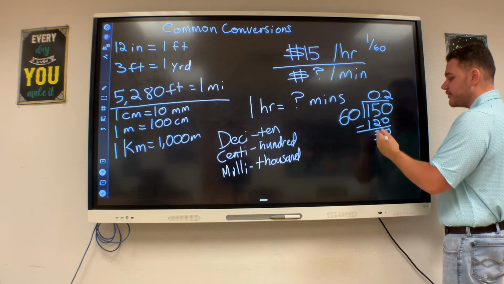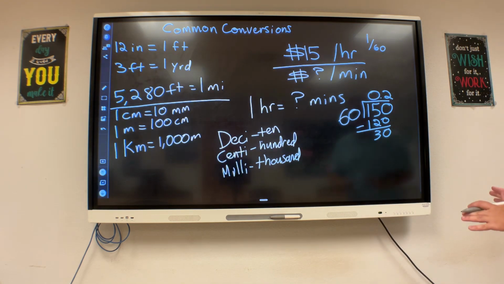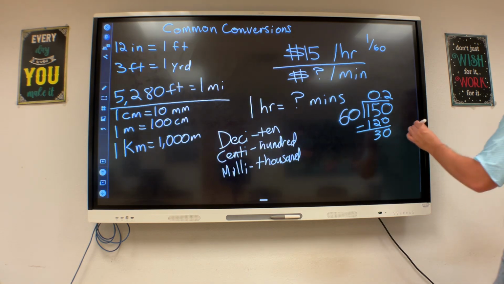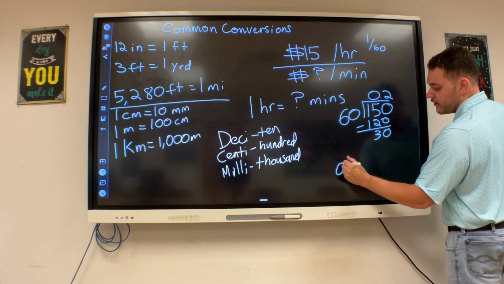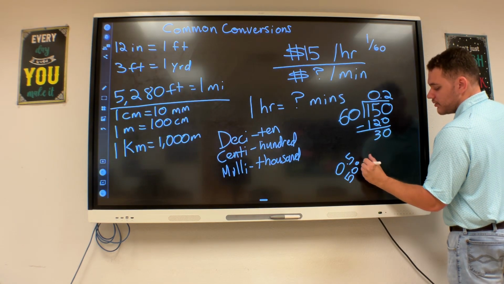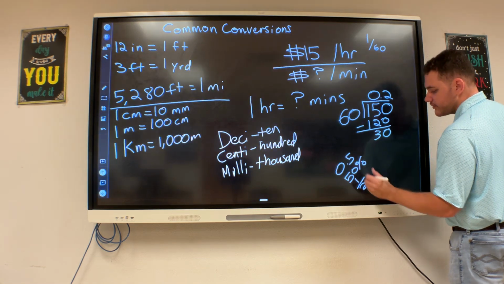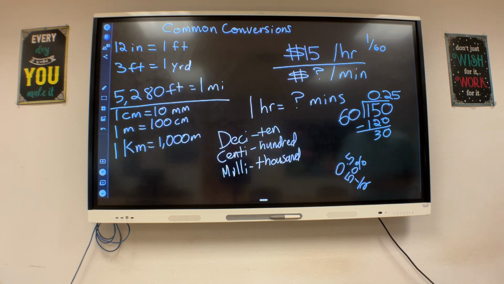So 60 will go into 30. Well, 60 is twice as much as 30, so it won't go. So 30 is like half of 60. So you remember from the decimals, 0.5 is 50%, is 1/2. So we're just going to add our 5 right here. And that's it.